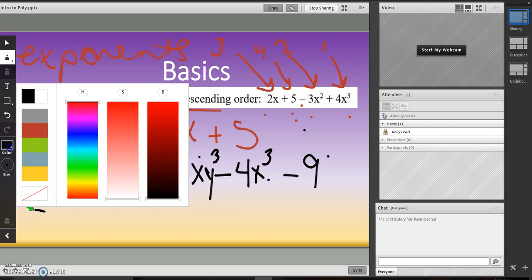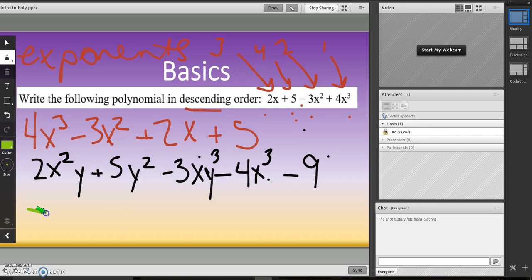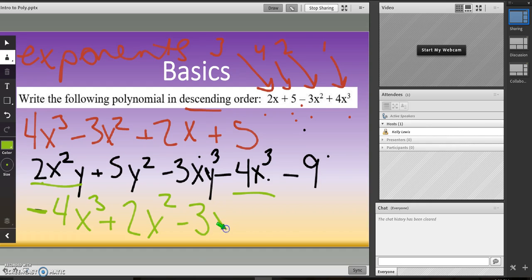And after x cubed comes x squared, so plus 2x squared. And after x squared comes a regular x, which is negative 3xy cubed.